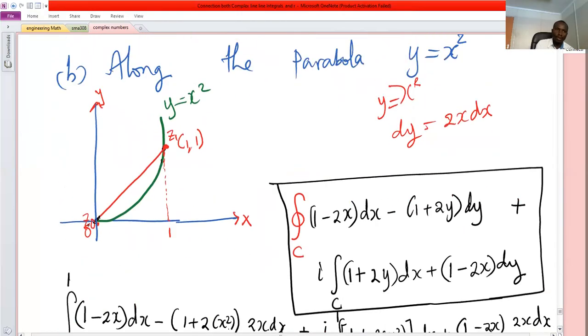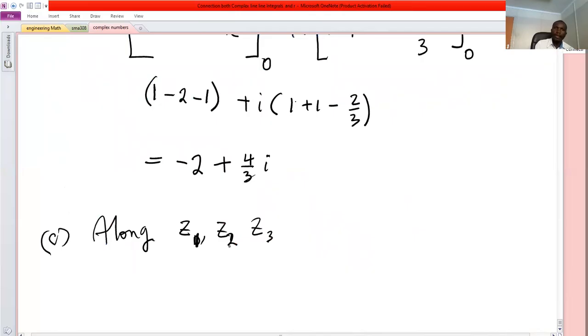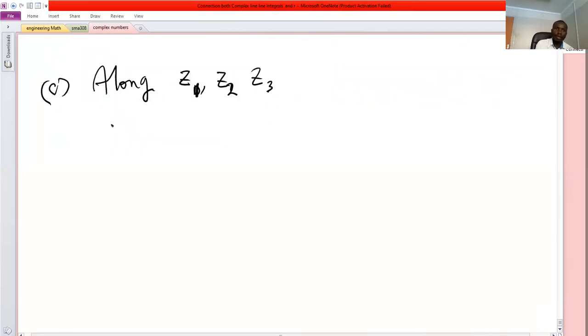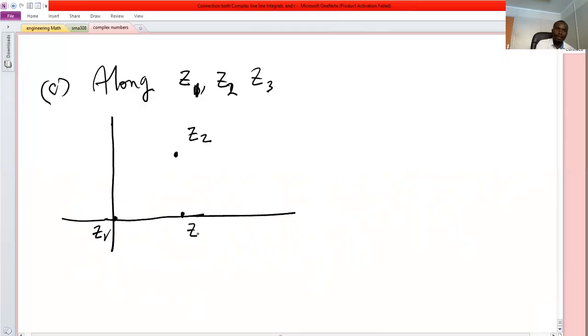Remember, we call this one Z1, not Z0. So this Z1, this Z2, just for notation of convenience. So sketch the region. So this way I have the Z1. So we'll have Z2 and then Z3.